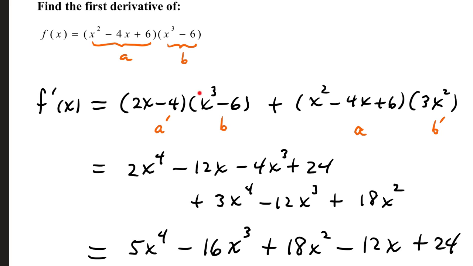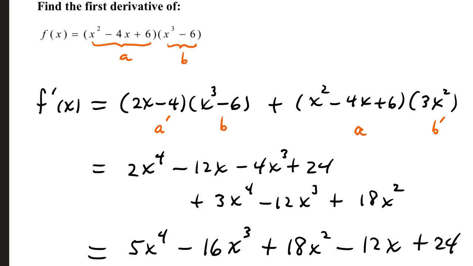Multiplying out, we have 2x to the 4th minus 12x minus 4x cubed plus 24. And then the back group, we have 3x to the 4th minus 12x cubed plus 18x squared.